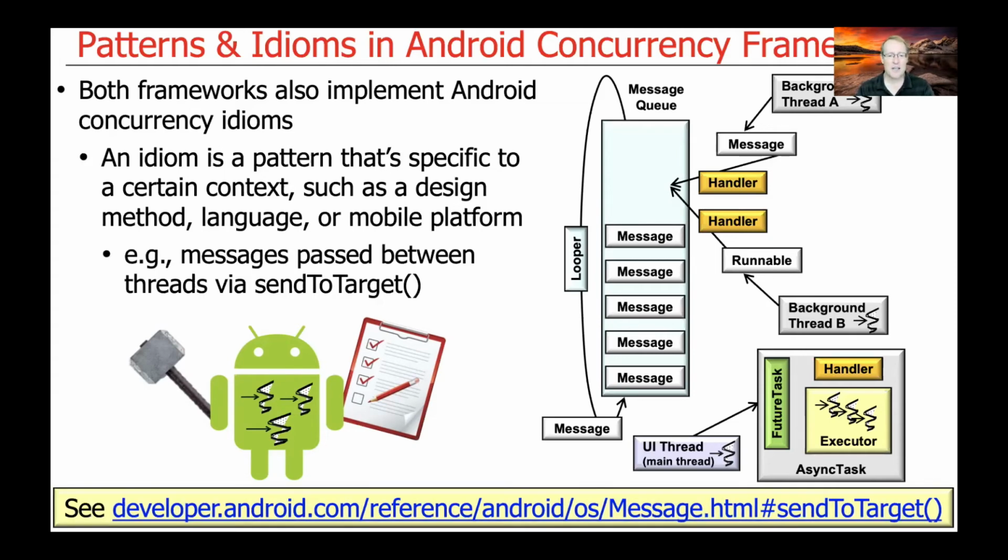Here's a very simple example. Android provides this interesting message passing model that uses a method called sendToTarget, where messages can be passed between threads using this Android mechanism in terms of the Android concurrency frameworks. You won't find that particular method used in that particular way more broadly in other Java applications.